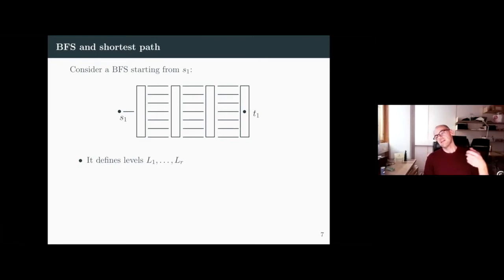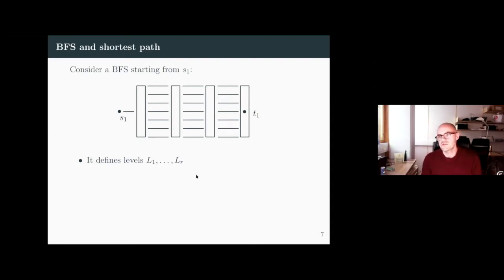Fortunately for us, this is a very easy structure, and you see how DAGs appear, because if you start from s1 and you do a BFS from s1, it defines some sort of levels, L1, which is this one, L2, etc., until R.